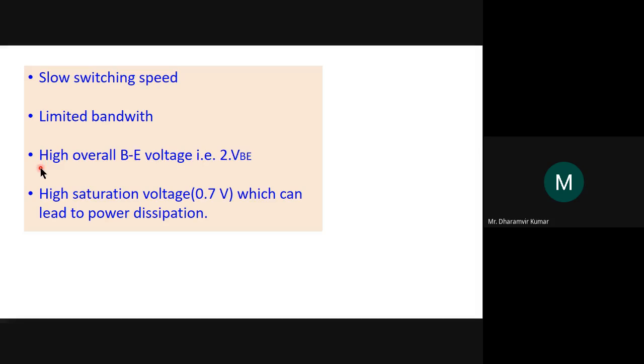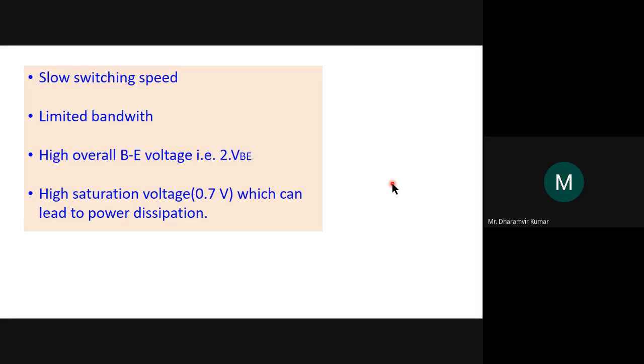The high overall base emitter voltage, that is 2 VBE, is clearly visible because we had a back-to-back connection of two transistors Q1 and Q2. The Q1 base voltage was like VBE, and the Q2 was having VBE. So when you add VBE plus VBE, it becomes the overall 2 VBE.